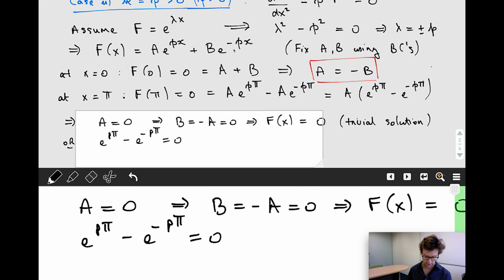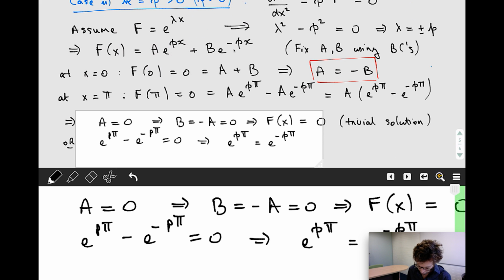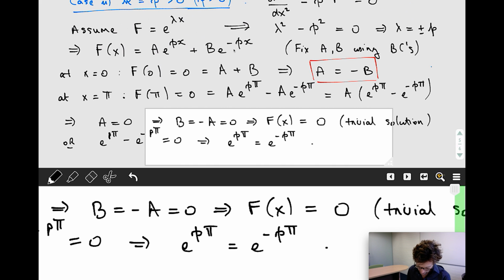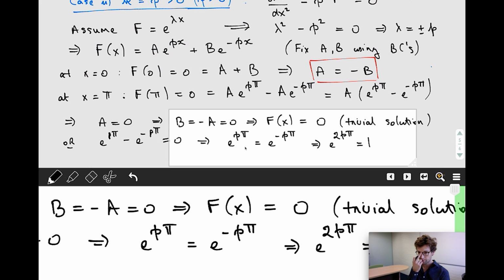What about the other possibility, e to the p times pi minus e to the minus p times pi? Well, what I can do here is rearrange this equation slightly. E to the p pi equals e to the minus p pi. I can then multiply both sides by e to the p pi, because, of course, e to the p pi is not equal to 0. And I have here e to the 2p pi is equal to 1.